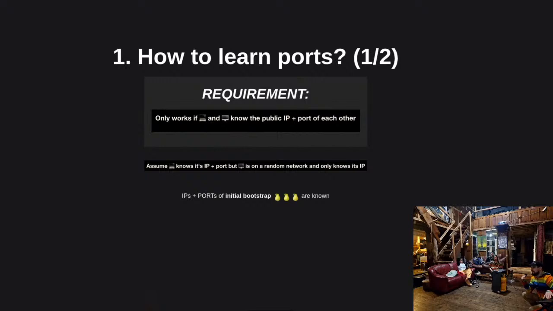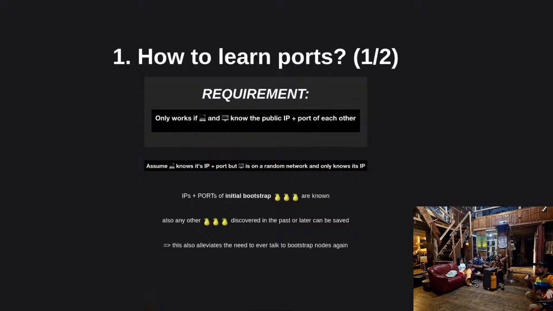So that's a good thing. And also, you can discover more peers. Maybe you already participated in a network, so you can save some peers that you already discovered in the past, and also future peers that you might discover once you're connected. Therefore, you don't need to ever talk to the bootstrap nodes again. That's just a one-time process.